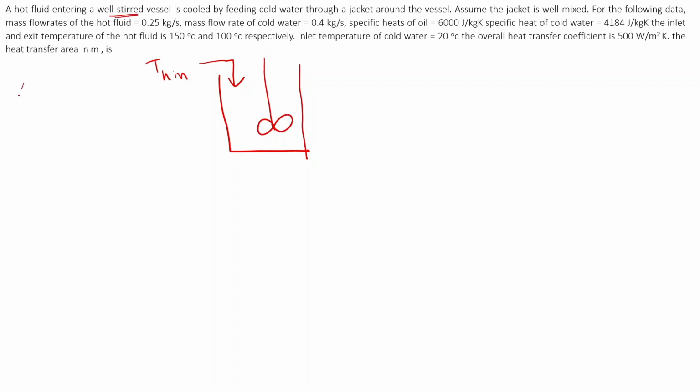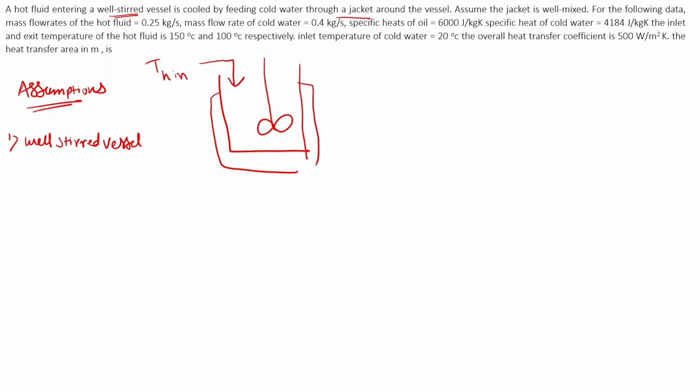Let's write all our assumptions over here. First is a well stirred vessel, and it is cooled by feeding cold water through a jacket around the vessel. The jacket is also well mixed.